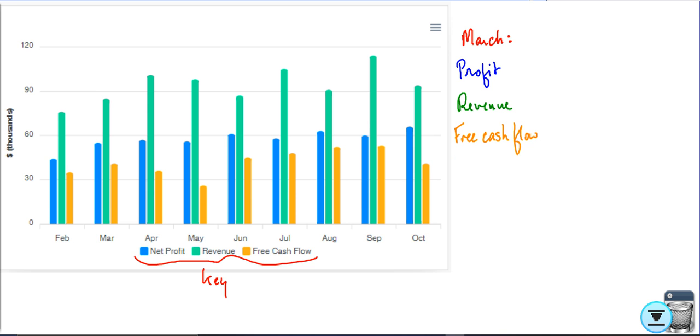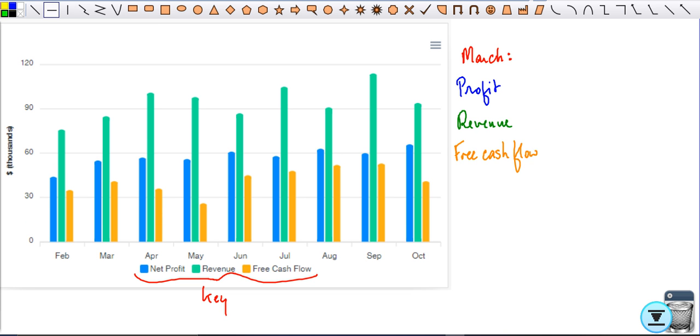If we look at March, we'll see the following. So, March, this is the profit. For March, this is the revenue, and for March, this is the free cash flow.